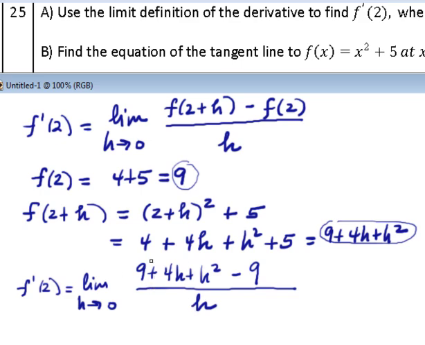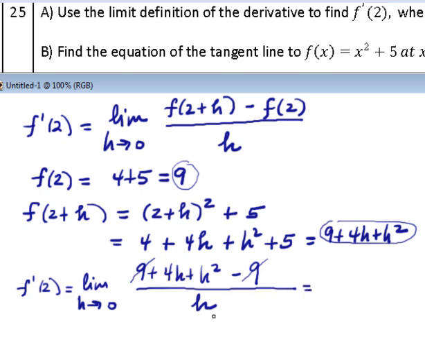These 9's cancel, and if we substitute 0 for h into this quotient, we get 0 over 0. So we can't evaluate this until we do some canceling from numerator and denominator, and we can cancel an h from the numerator and denominator, or equivalently divide h into the numerator.